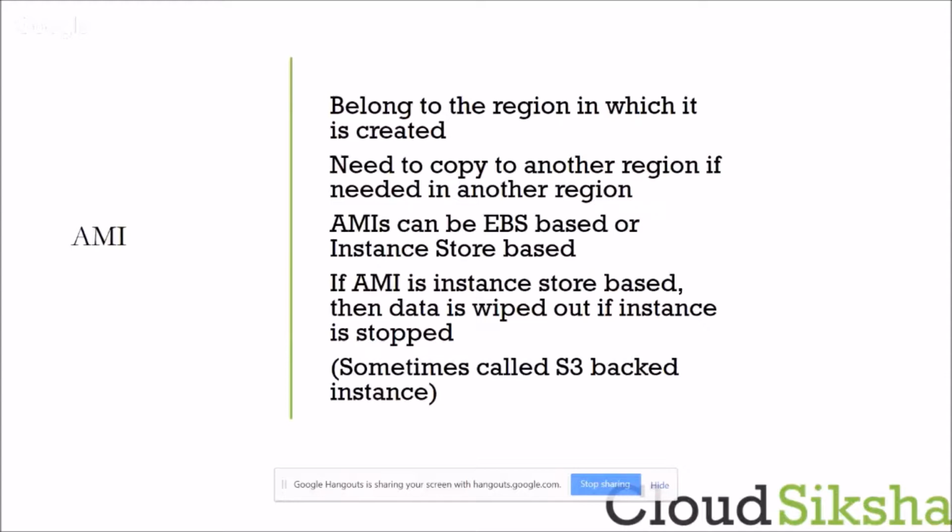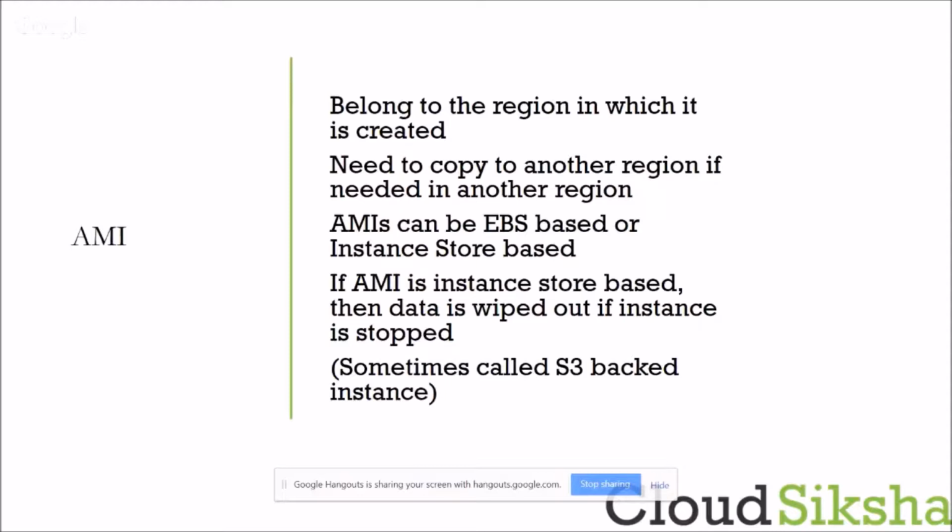First thing we need to remember about AMI is that an AMI will belong to the region in which it is created. So you have an instance running in Oregon region or an instance running in North Virginia or Mumbai. When you create an AMI using that instance, then the AMI is available only in that region.